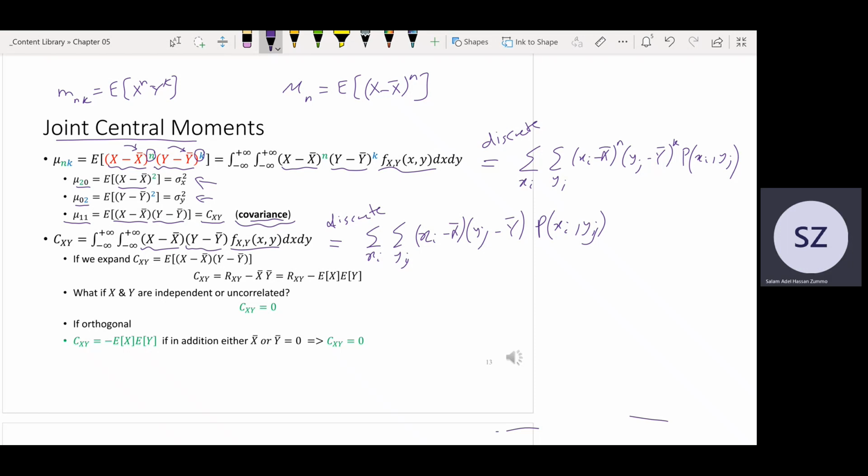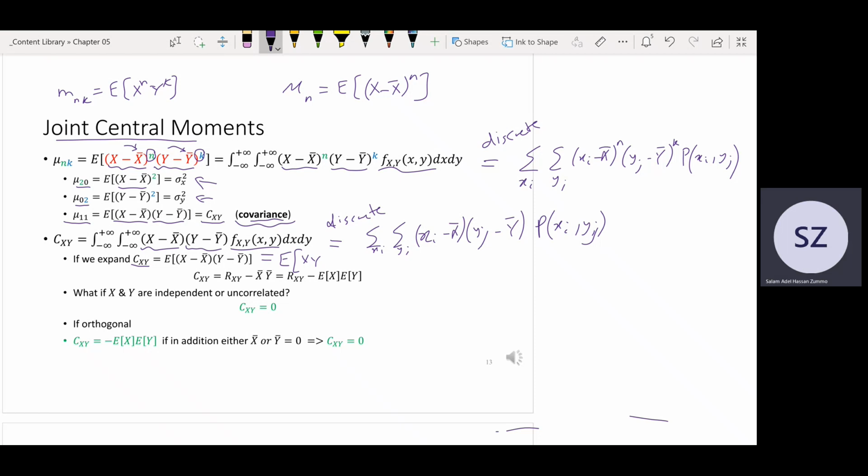Now, if we expand CXY, just open it up without calculation, just multiply the two things together. What do we have here? We have x multiplied by y, right? So the first term would be expected value of xy.